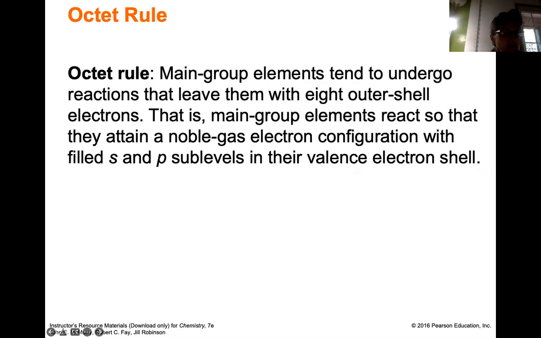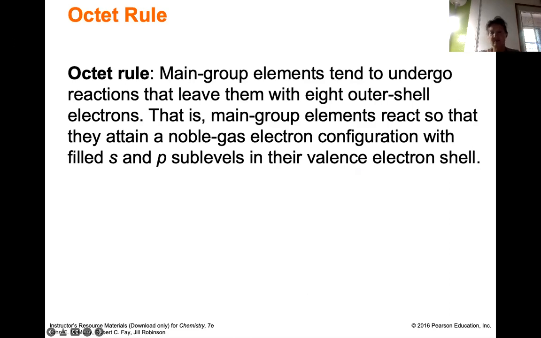If we look at all of these things we've talked about in the first 6 sections of chapter 6, you can summarize them all with the octet rule, which says main group elements tend to undergo reactions that leave them with 8 outer shell electrons. That is, main group elements react so that they attain a noble gas electron configuration with filled s and p sublevels in their valence electron shells.